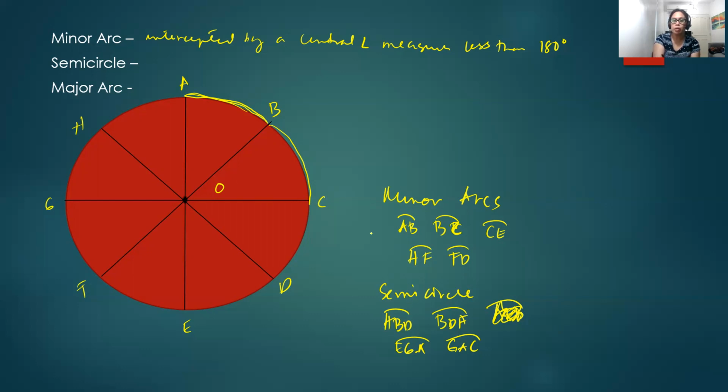So HBD means this arc, and then BDF goes from here until here. As you can see, the semicircle is intercepted this time by a diameter.